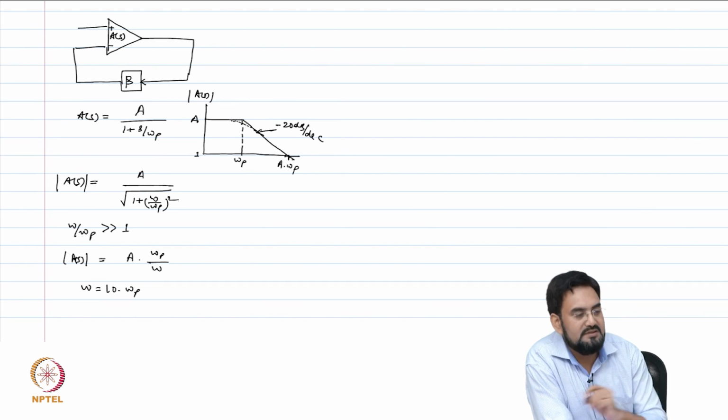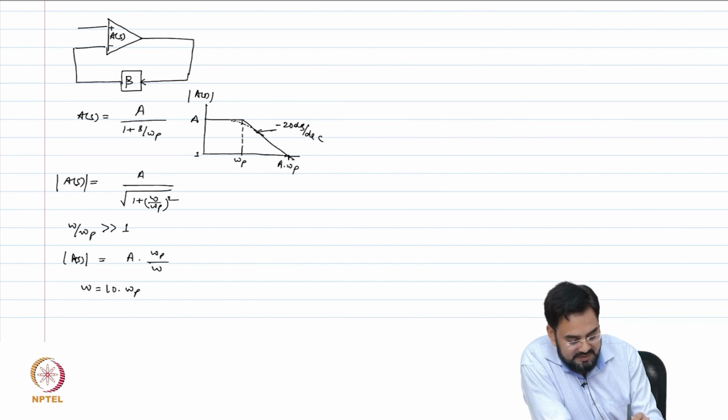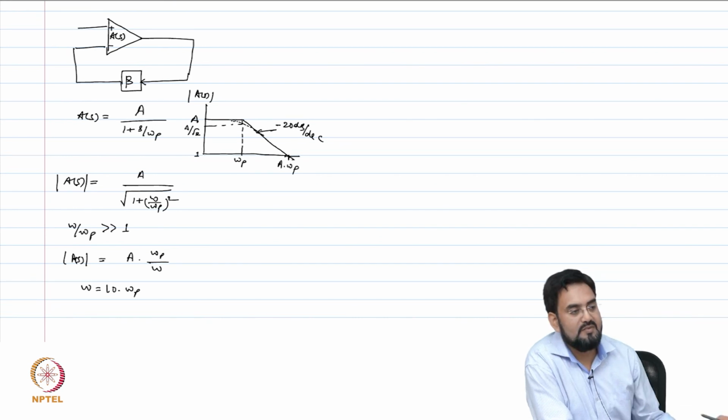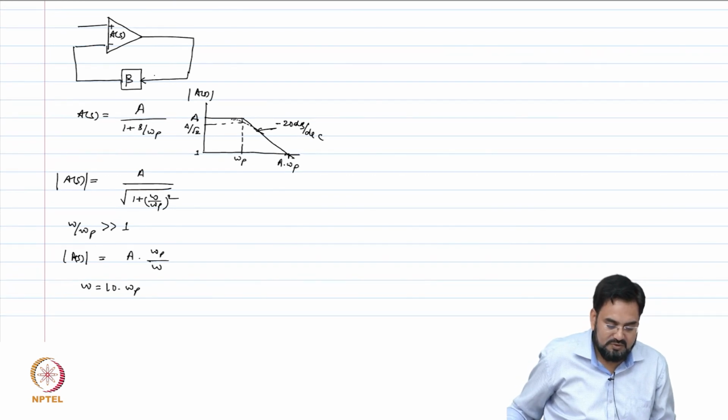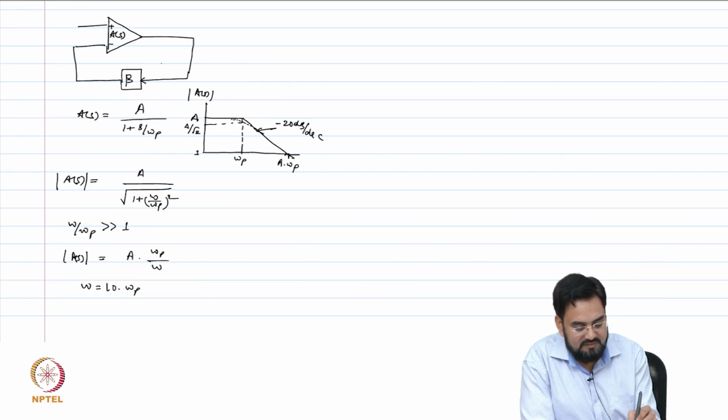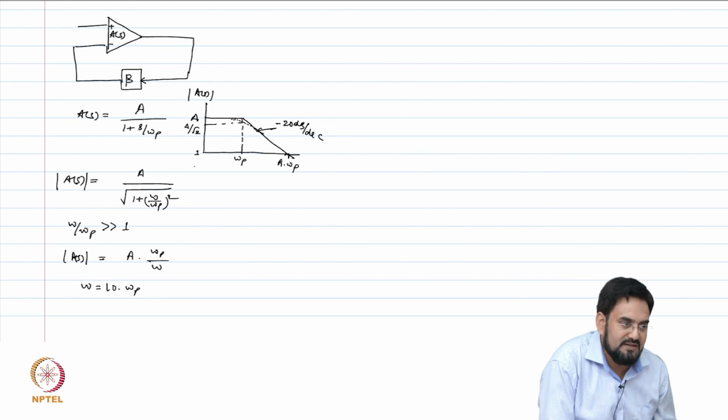So this gain will be A over square root 2, okay. If you want to be more precise, you always consider this square root 2 factor, but most of the time during analysis we do not do this.